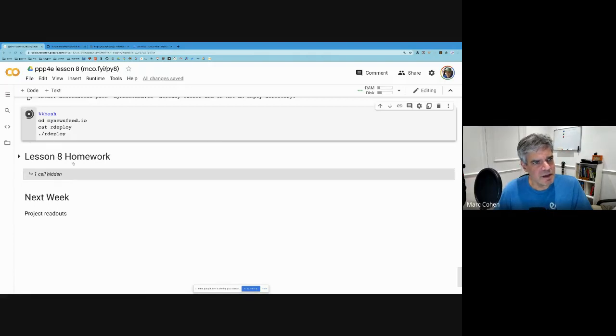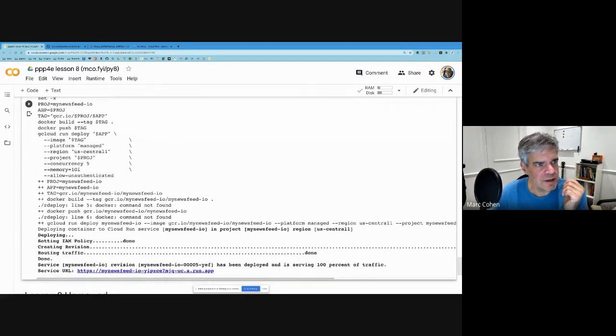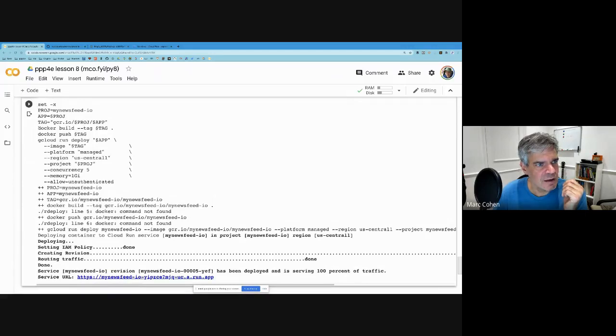This is not a great example because the way these notebooks work is it does everything in the cell and then shows you all the output at the end, which is annoying. Okay, here it is. So this is what the script looks like. Ignore this, this is just setting variables, but it's using something called Docker to build a modular, encapsulated version of this application. The real heavy lifting is right here: gcloud run deploy. This is saying, take this app and deploy it in the cloud in this one command.